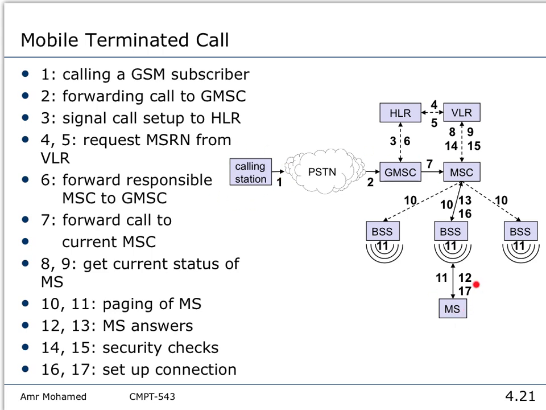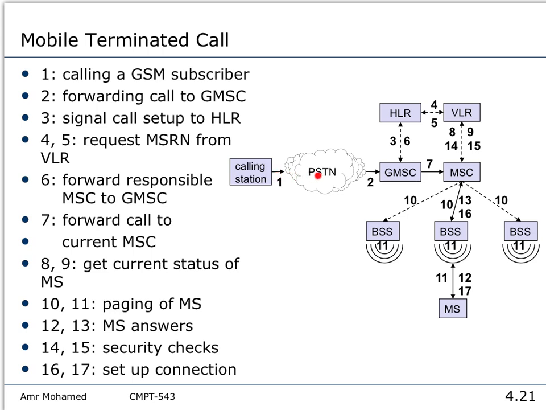As you can see, there are about 17 different steps. The first thing is forwarding the call to the gateway MSC. We don't have an interworking function here. Interworking function is needed if we're talking about a non-PSTN or non-ISDN network. We don't have a bridge because the support for PSTN is native.